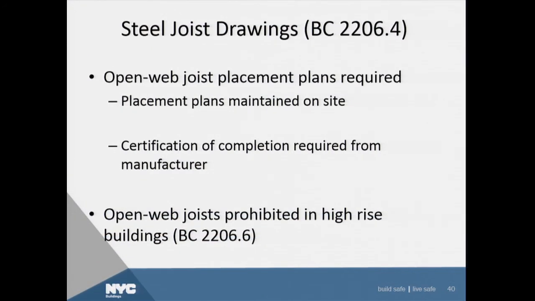There are some requirements in the plans themselves for steel joist drawings that are expanded steel joist placement plans as far as which joists are being placed where, how they're to be placed, and that they have to be signed and sealed. And again, another friendly reminder from the OA code, and in some cases from Local Law 26 of '04, that open web steel joists are prohibited in high-rise buildings.